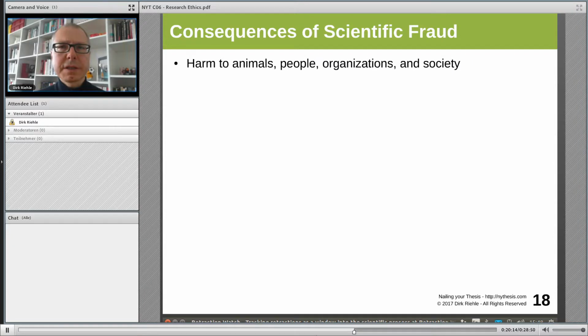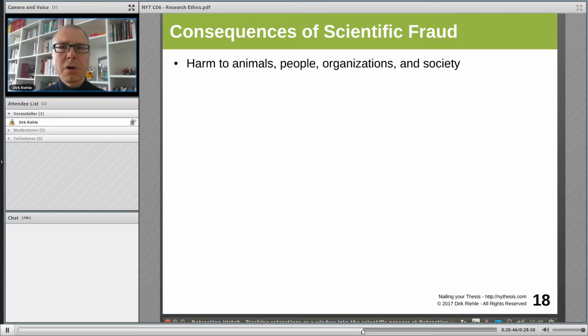So the consequences, nevertheless, are dire. Poor or fake or fraudulent research published is considered to have passed quality peer review, is assumed to be true, and hence others start building on it, products start building on it, in particular medical products may start building on it, and if it's based on fraudulent work, it's just not true, it doesn't work, it will harm animals, people, organizations, and society.